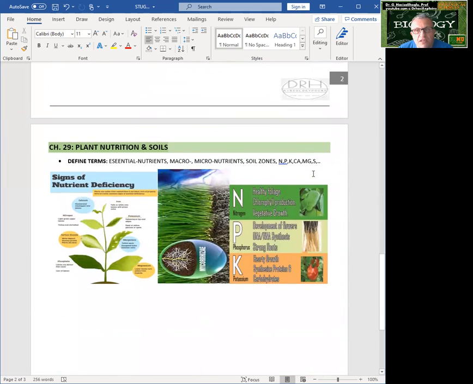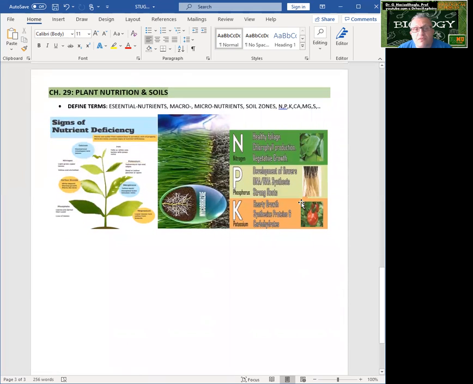Chapter 29 is our next chapter, a really fun chapter, which is plant nutrition and soils. Plant nutrition involves essential nutrients. Essential means they are not only beneficial, but they cannot be replaced, and they must be present in order to complete the life cycle.